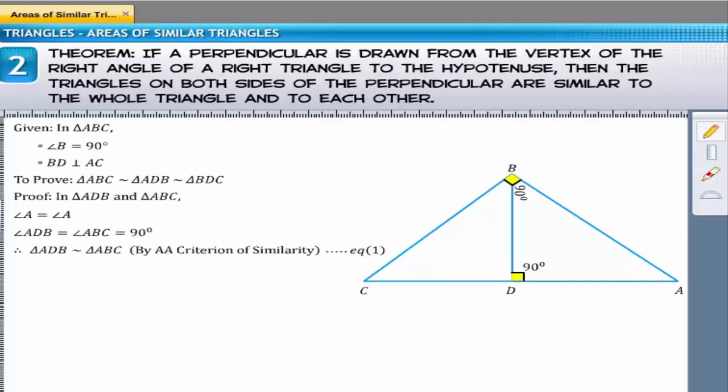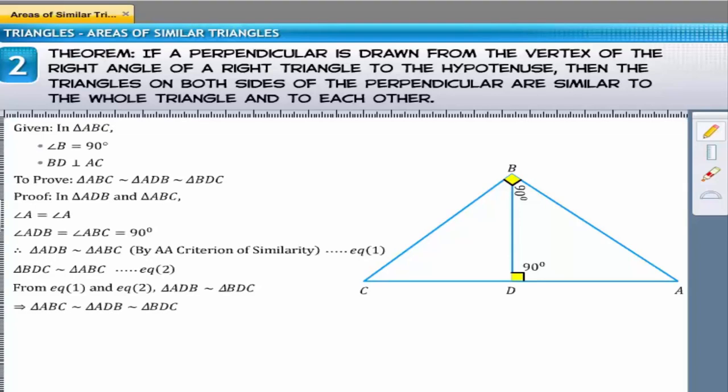Similarly, we can prove that triangle BDC is similar to triangle ABC. Let's assign this as observation 2. From observations 1 and 2, we can conclude that triangle ADB is similar to triangle BDC. This also implies that the two triangles ADB and BDC are similar to triangle ABC.